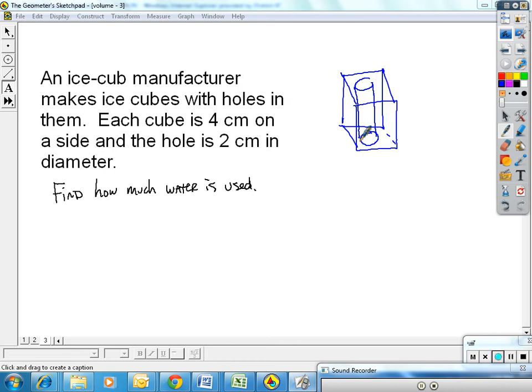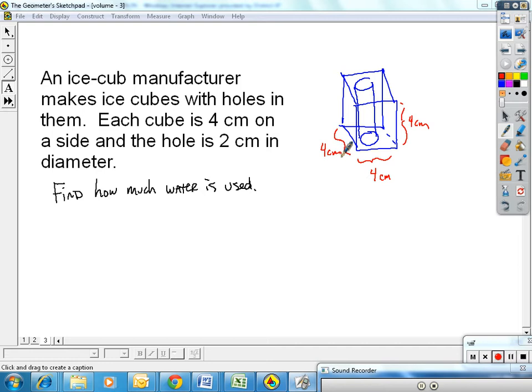That's just so the machine freezes the ice quickly with that hole in there. So we want to know how much water is required in this cube. So let's put our units to it. This distance is 4 centimeters. This distance is 4 centimeters. And this one is 4.